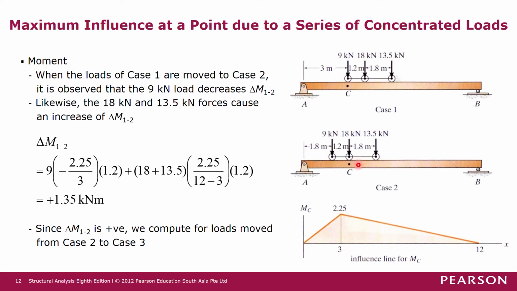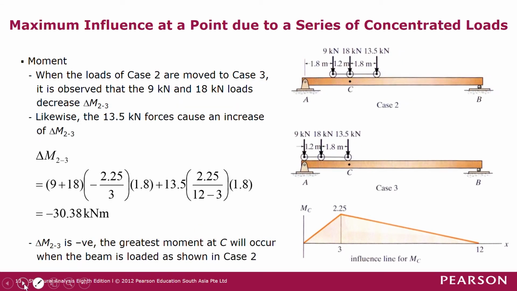Okay, so next we want to examine what will happen when the loads are moved from case 2 to case 3. So from case 2 to case 3, okay, this 13.5 kilonewton force will move by 1.8 meter to just the right of C. Right?